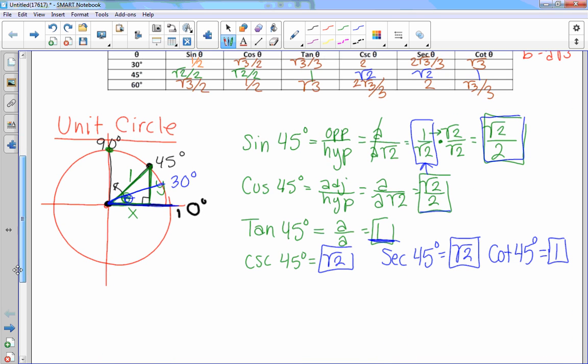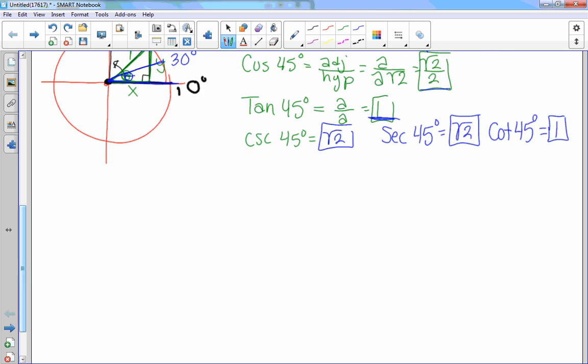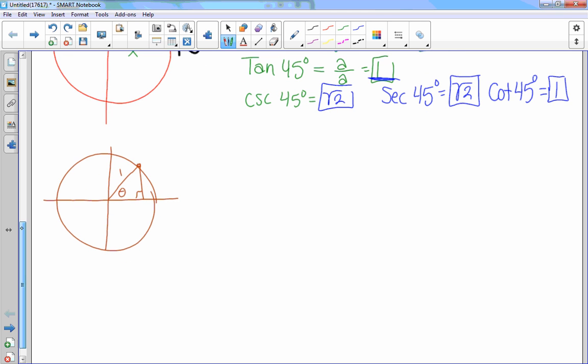Well, we got this right triangle idea earlier. I'm going to draw a new one. It's not so messy. Okay, any angle, theta, the hypotenuse, when we talk about an altitude, the hypotenuse is 1. But the side lengths for the legs are less than 1.